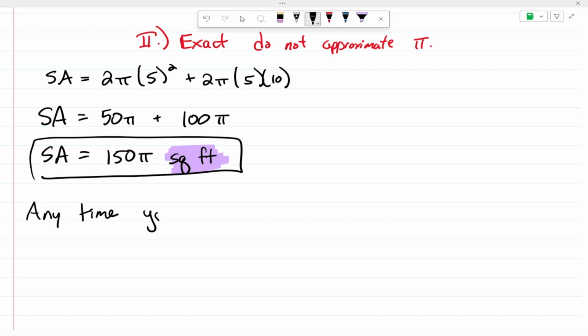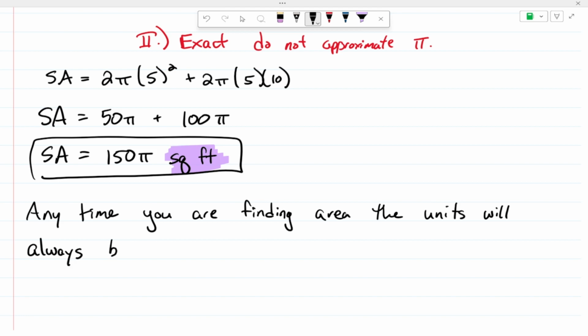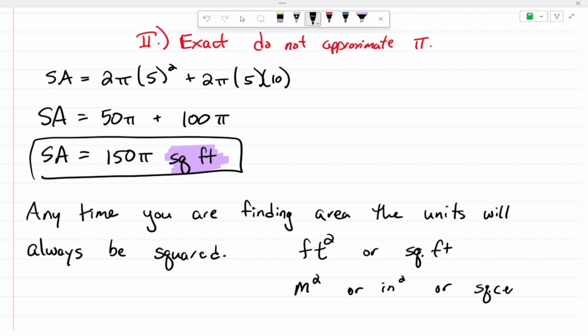Anytime you are finding area, the units will always be squared. So like, for example, you could have like square feet. Another way to write that is just SQ with a dot feet, or meters squared, or inches squared, or square centimeters.